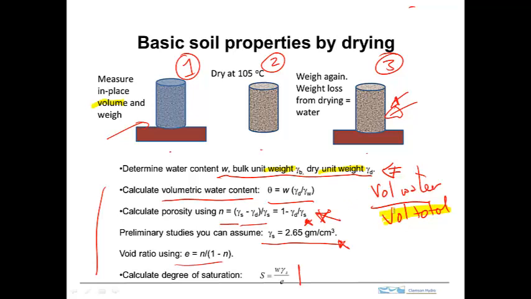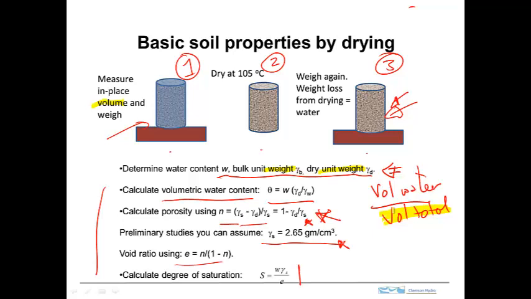So if you can't obtain an undisturbed sample, then you're going to be limited in these terms that you can determine. However, if the sample is disturbed, you can still go through the process of weighing it, drying it, weighing it again. That'll give you the weight of the water that is in the sample, and then the final measurement is the weight of solids.